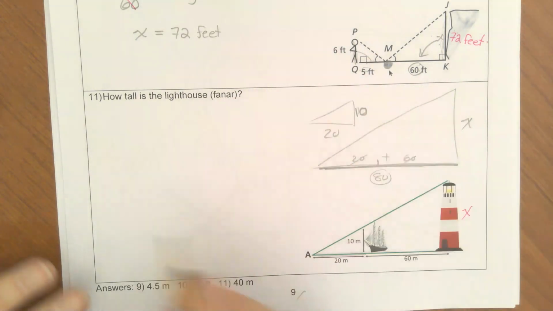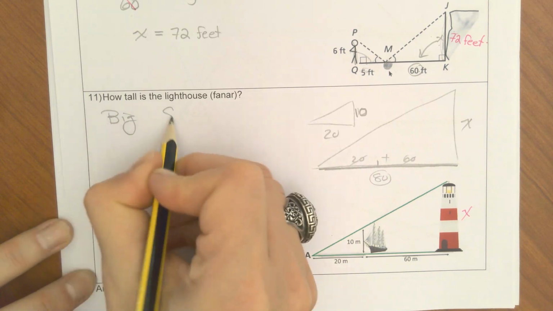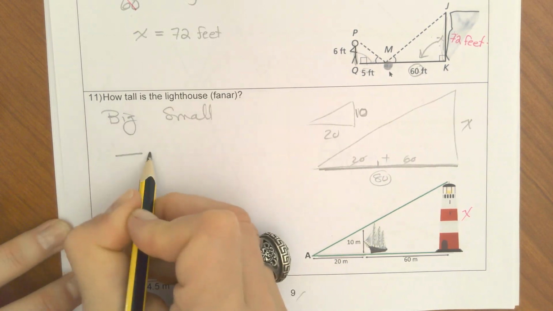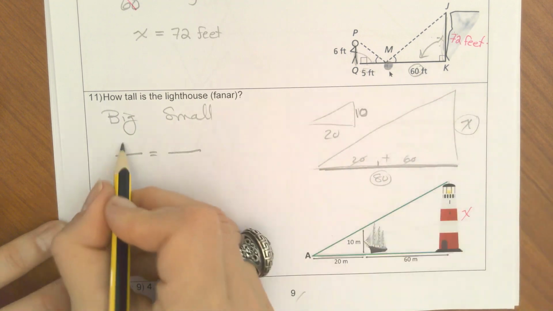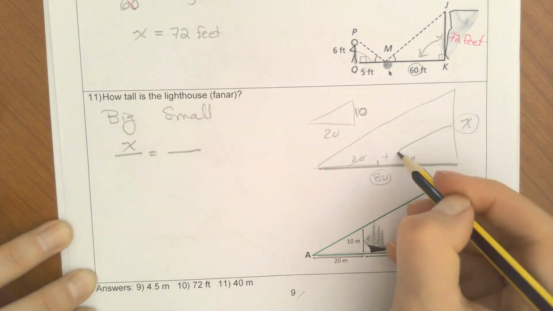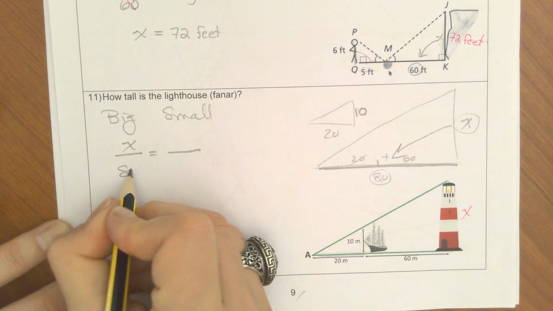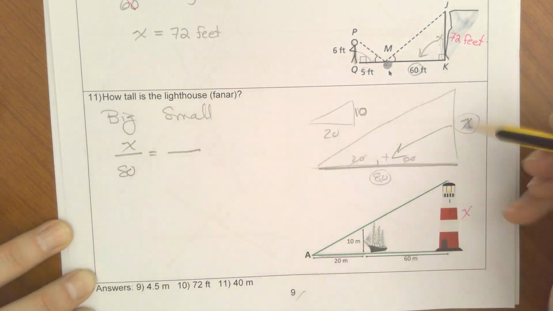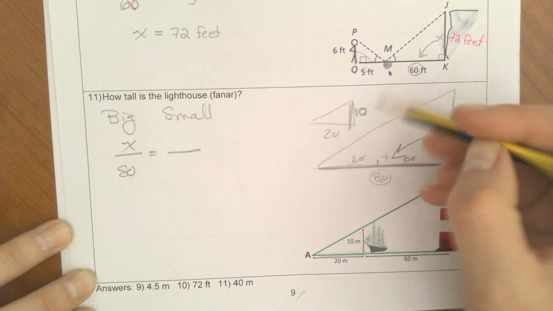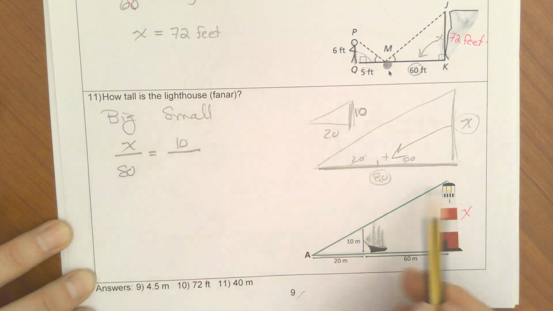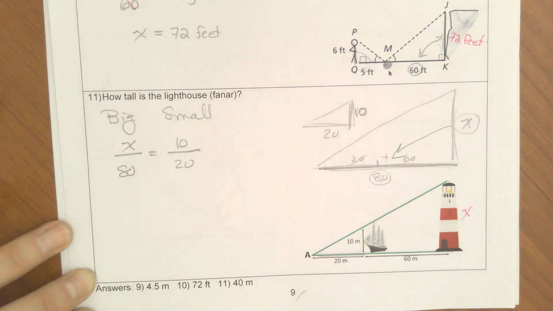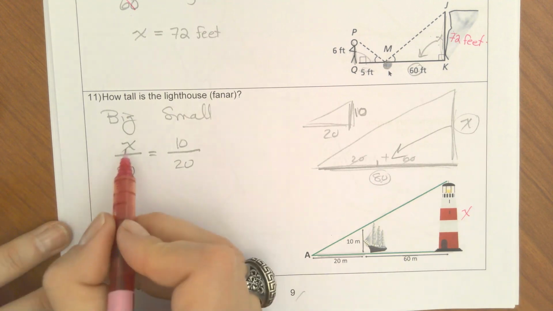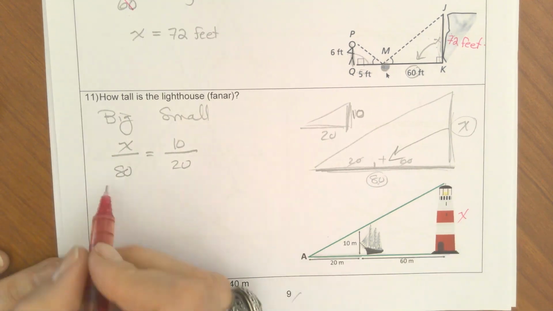Big, small. Make 2 fractions equal to each other. So X is on the big, and the only other number we have, so we have to choose 80. So the height is X, so the height is 10. So X and 10 go together. The bottom is 80, the bottom is 20, so they go together. So now X wants to be alone, so I have to get rid of the 80.